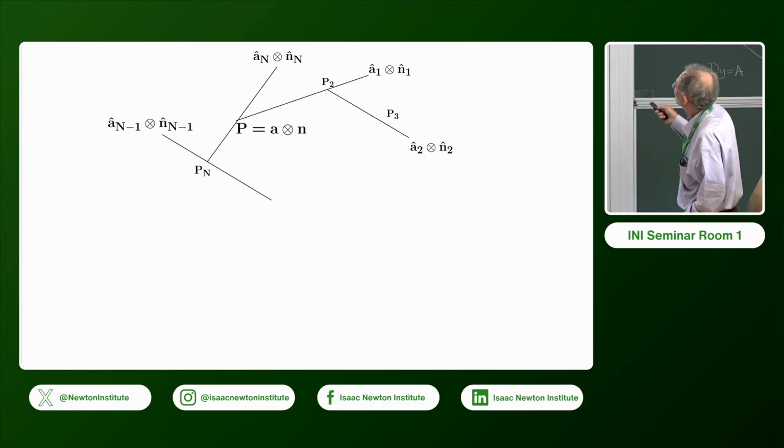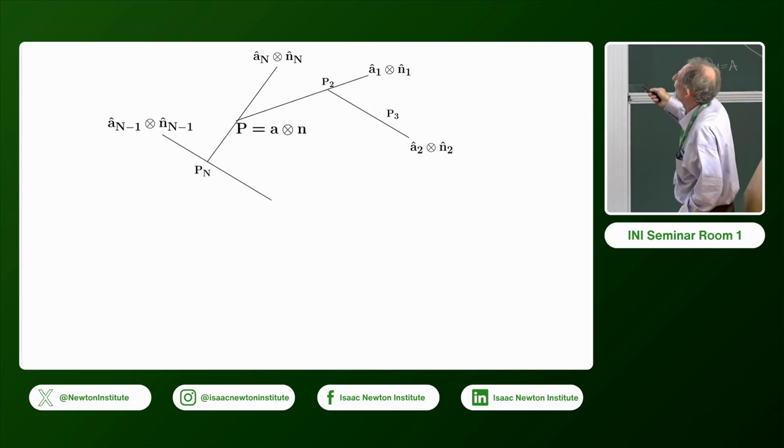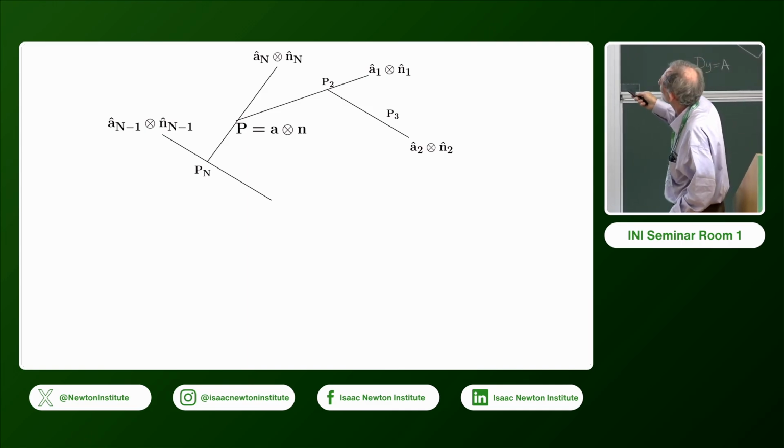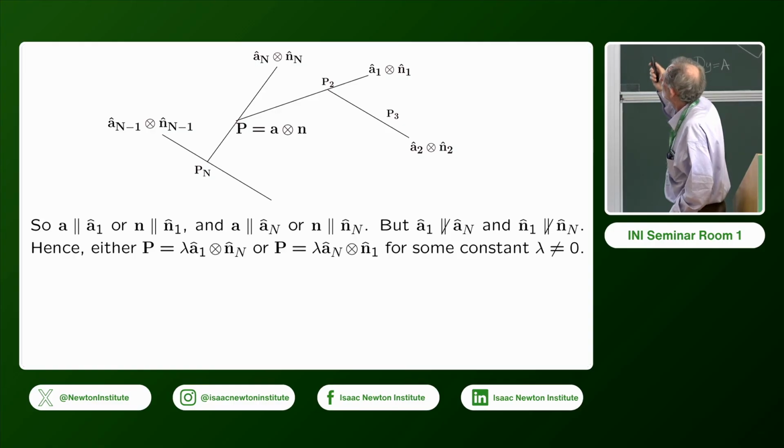So from that, it has to be the case that either A is parallel to A1 hat or N is parallel to N1 hat. And similarly, P is rank 1 connected to An hat tensor Nn hat. And so A has to be parallel to An hat, or N is parallel to Nn hat. Okay, that's what's written here.